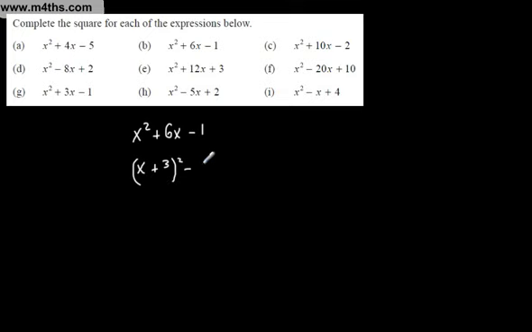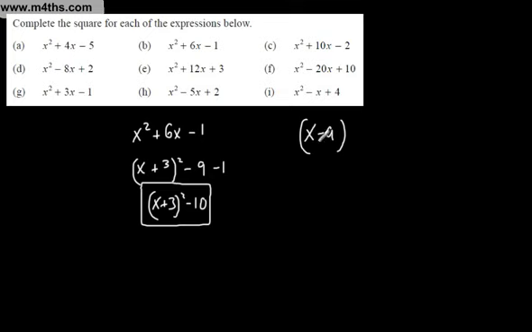We subtract away 9 and subtract away 1. So our completed square is x plus 3 all squared minus 10. So your minimum point on that graph is negative 3, negative 10. Just think of the basic transformations. If you've got f of x minus a, then what you've got is a translation of a units.